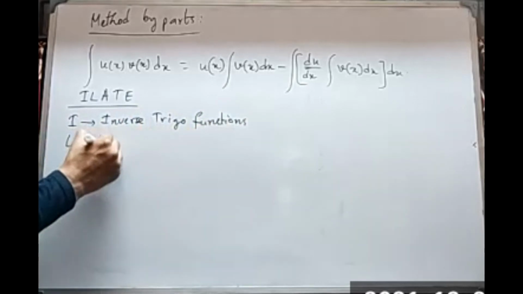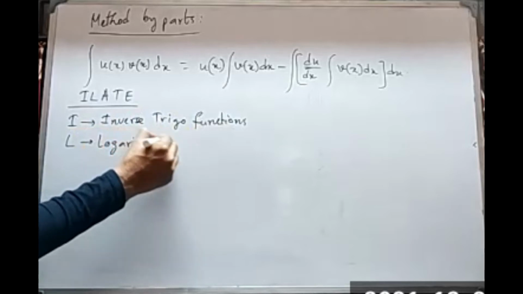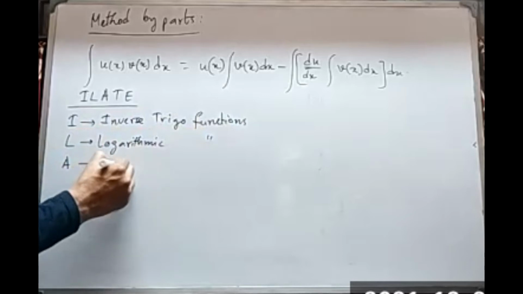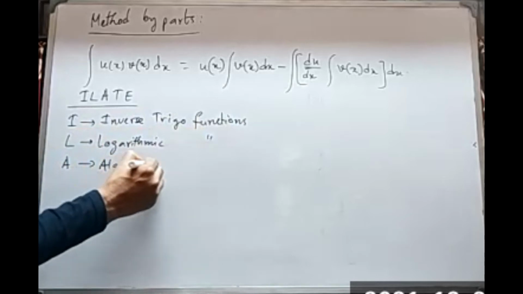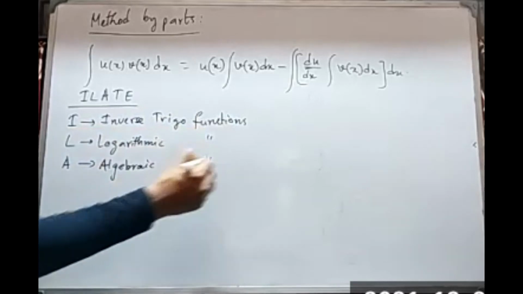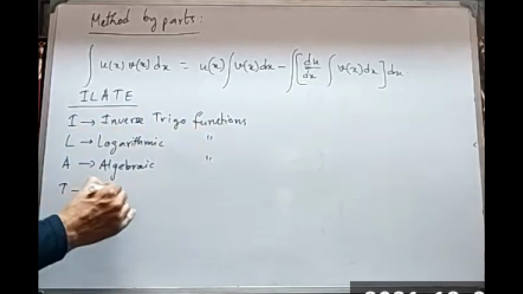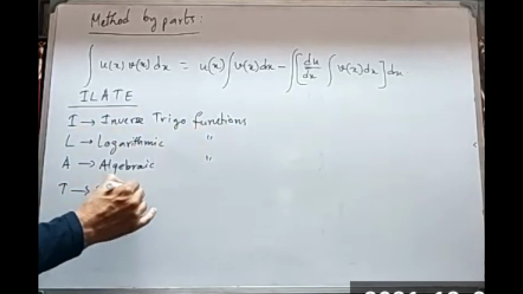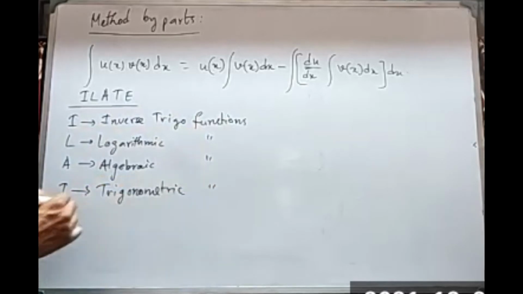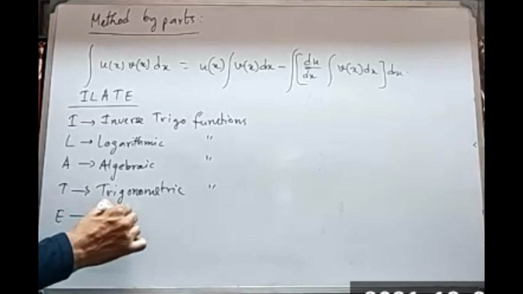L stands for logarithmic functions. A stands for algebraic functions. T stands for trigonometric functions. And E stands for exponential functions.